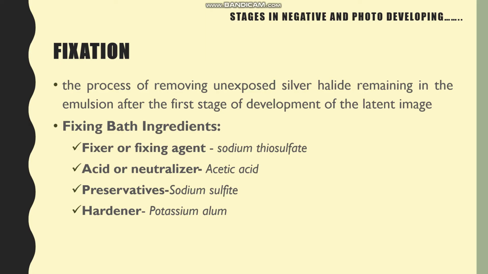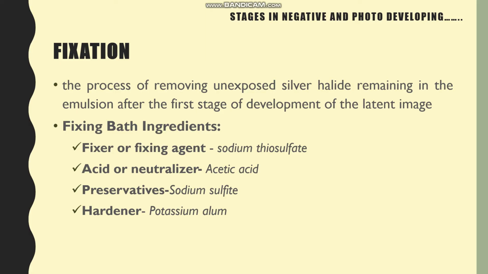And then lastly, the hardener. During the development, automatic naman yan, the emulsion natin or yung film o yung photographic natin becomes soft and swollen. Sabi ko nga kanina, kasi yan ay basa. So, yung scratching and then yung iba pang bagay na pwedeng makasira sa ating film ay pwedeng mangyari. So, we have the potassium alum na ginagamit as hardening agent para yung swollen and soft na surface ng ating emulsion layer is ma-harden.